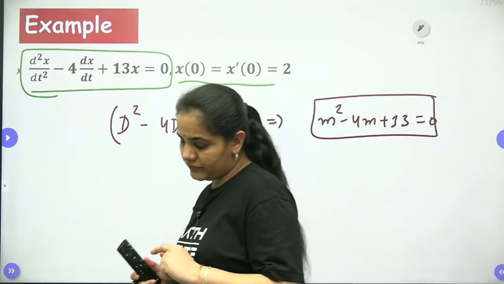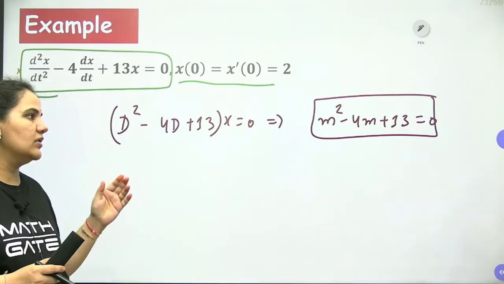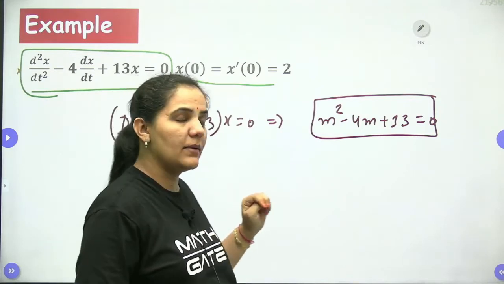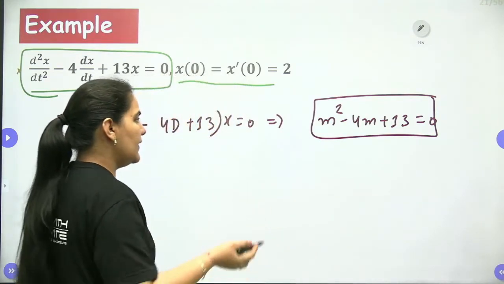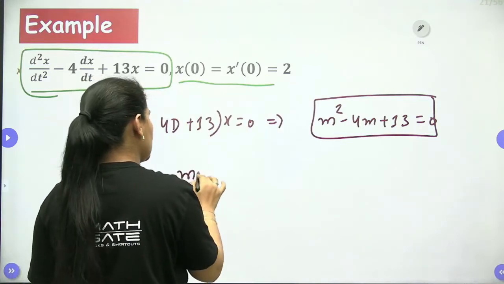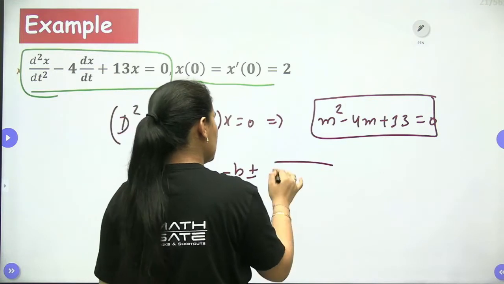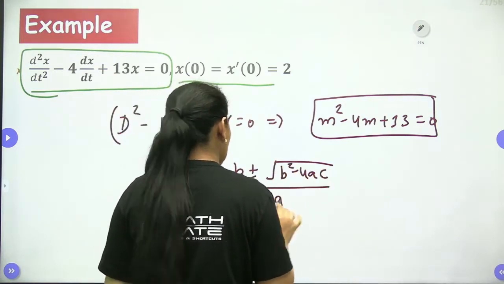We cannot find two numbers whose multiplication is 13 and whose addition is minus 4. So we know that here we will definitely have complex roots. So m equals minus b plus minus root of b square minus 4ac, divided by 2a, dear students.